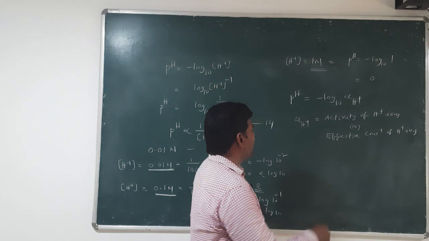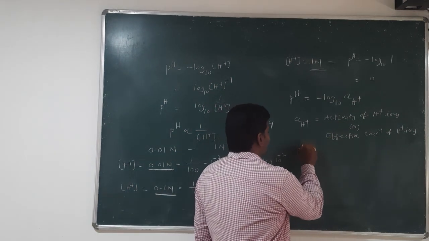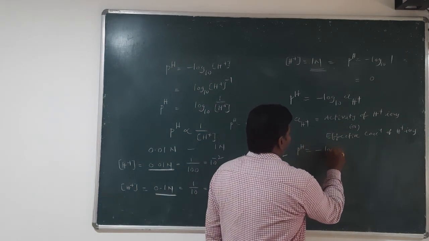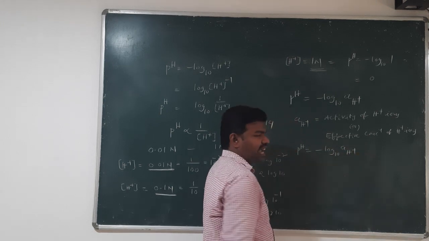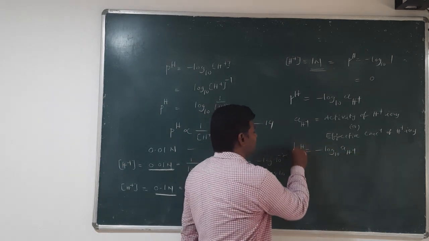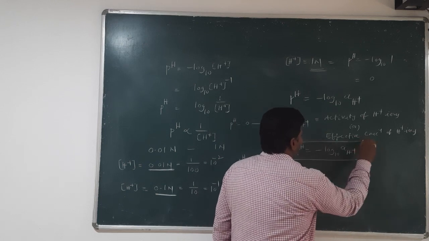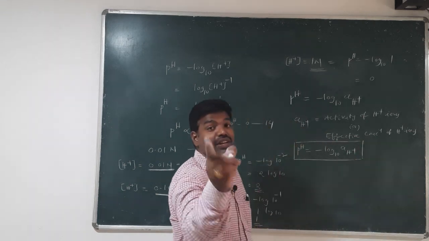So pH is equal to negative logarithm to the base 10 of activity of H plus ions. This is the definition for pH for highly concentrated solutions.